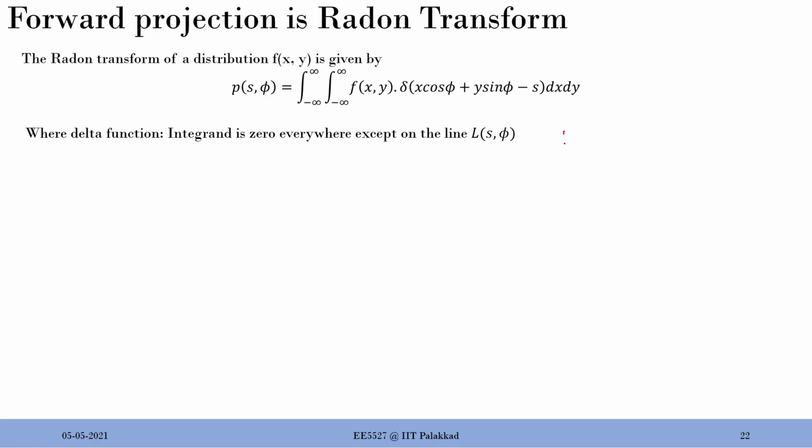I'm sorry for a slightly extended session now. I just want to complete this so that we don't need another lecture for this. So let's say this is the image, and you choose a particular phi. All the points are 0, and only at certain points at that angle does this delta function exist.